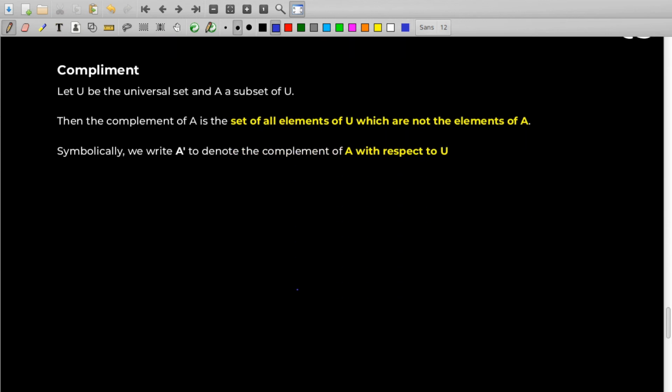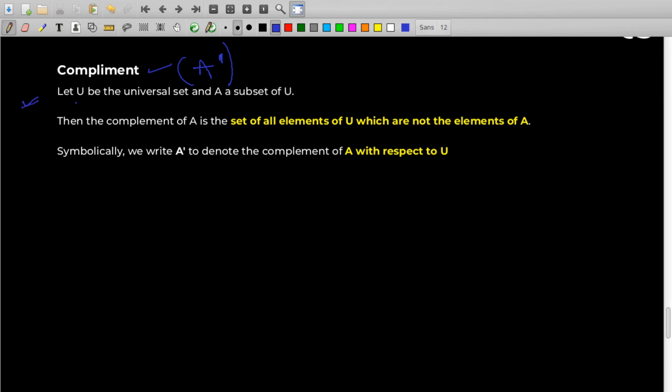And the fourth operation, the last one, is called the complement of a set, which is generally denoted by a small bar. So complement of A is A bar or A dash. Let's see what the definition has to say.